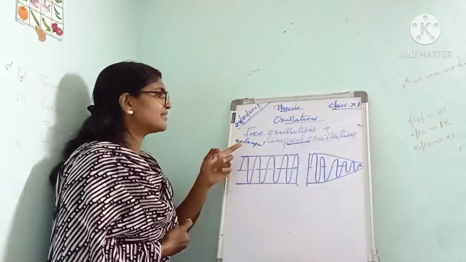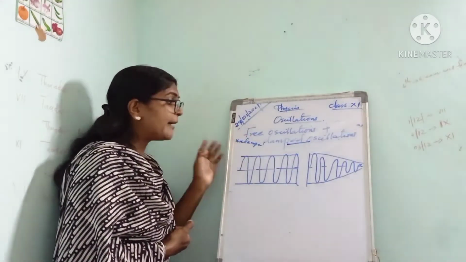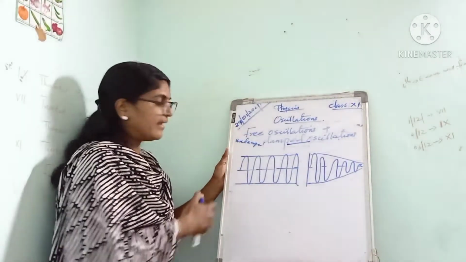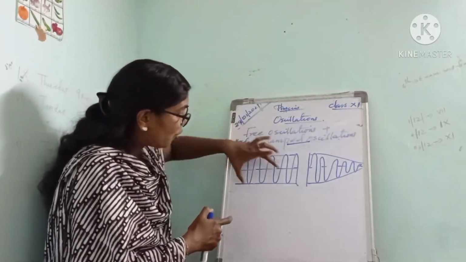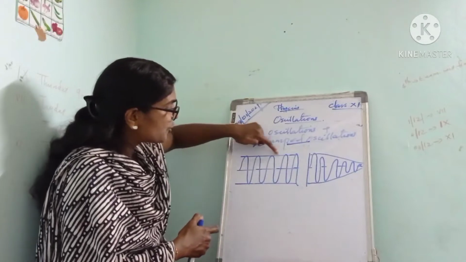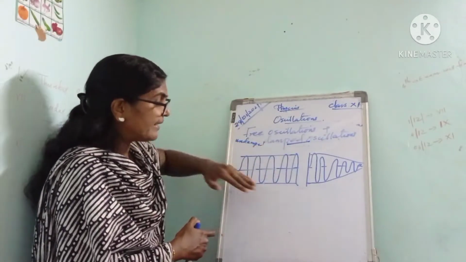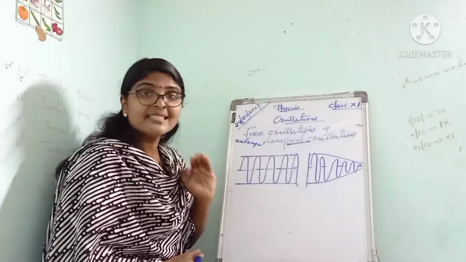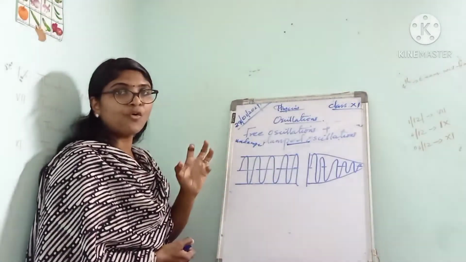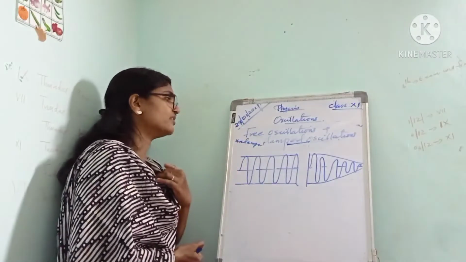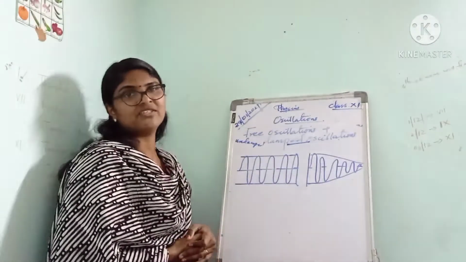Such oscillations are called free oscillations or undamped oscillations. Here there is no change in the amplitude. That means the amplitude remains the same, the amplitude remains a constant. Such oscillations are called free oscillations or undamped oscillations.